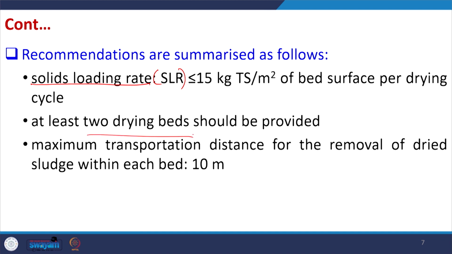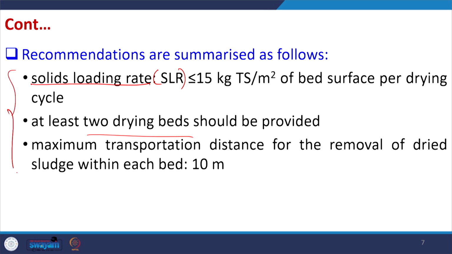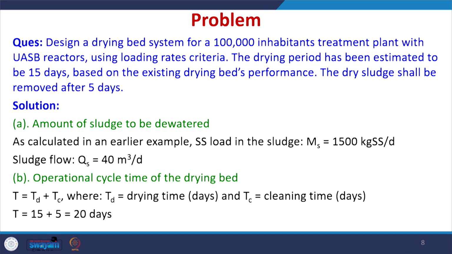So, we cannot have one drying bed, we can have multiple drying beds, at least 2 is compulsory. Then the maximum transportation distance for the removal of dried sludge within each bed should be 10 meter. So, these are the rough recommendations which have been obtained with respect to design of drying beds. And this is necessary, then only we can easily dry.